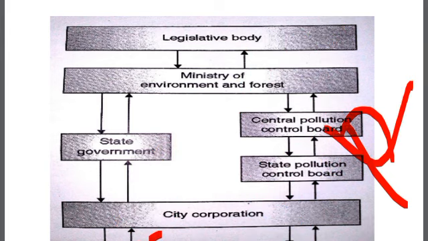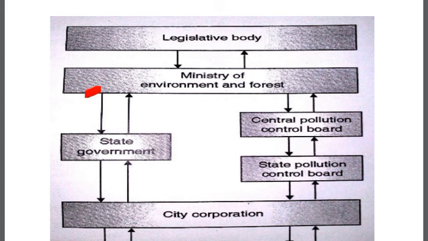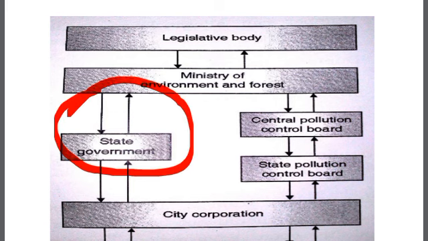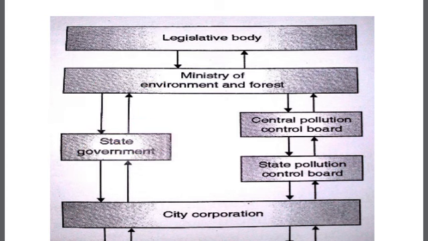Next, state government. Now, work of state government is that they implement the federal legislation regarding the waste. State government implements the federal legislation regarding the waste, means about the waste.